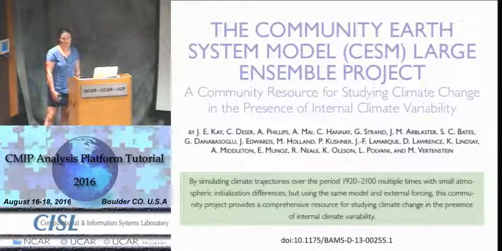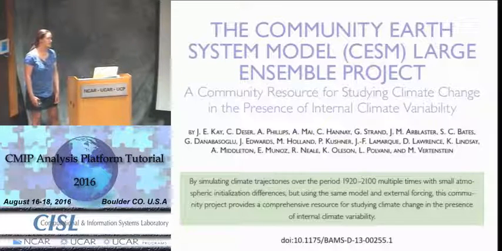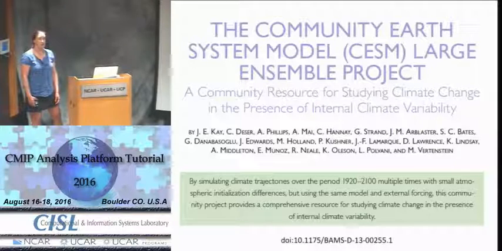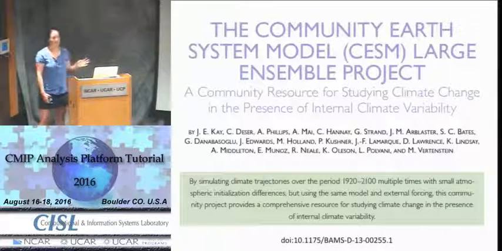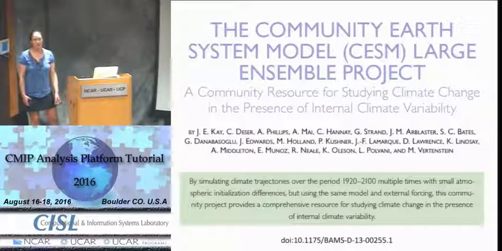Well, the strategy is to simulate climate trajectories over a period, we picked 1920 to 2100, multiple times. We've gotten up to 42 times at this point, with small atmospheric initialization differences. So what we've done is we've actually perturbed the air temperature field in CESM, but we've perturbed it at a round-off level, like 10 to the minus 14.